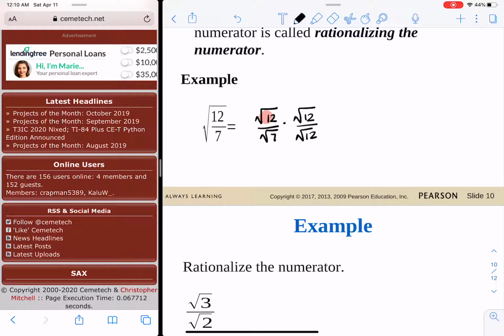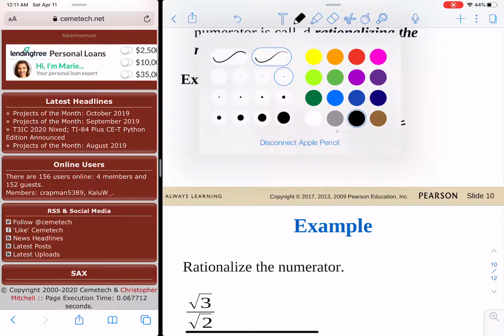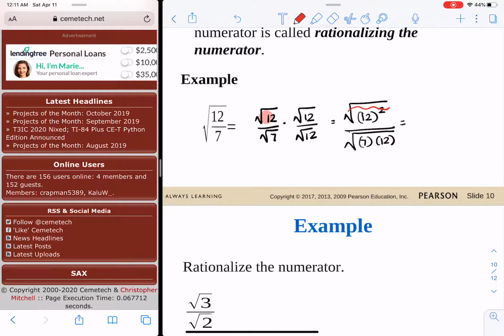So the numerator now becomes square root of 12 times 12, which is 12 squared, divided by square root of 7 times 12. The root and the square would go away. We have 12 divided by 7 times 12 is 84.